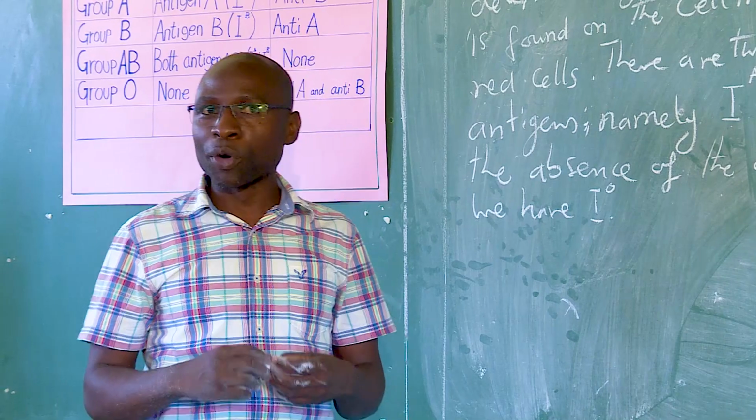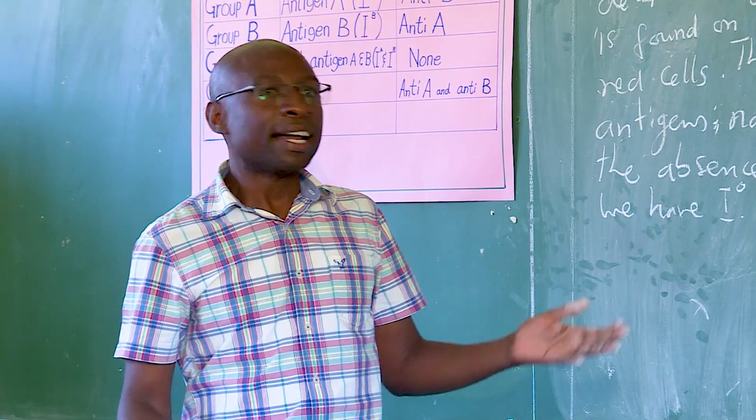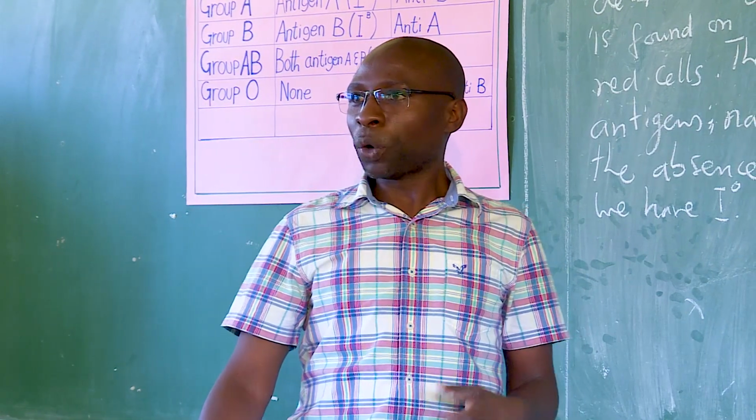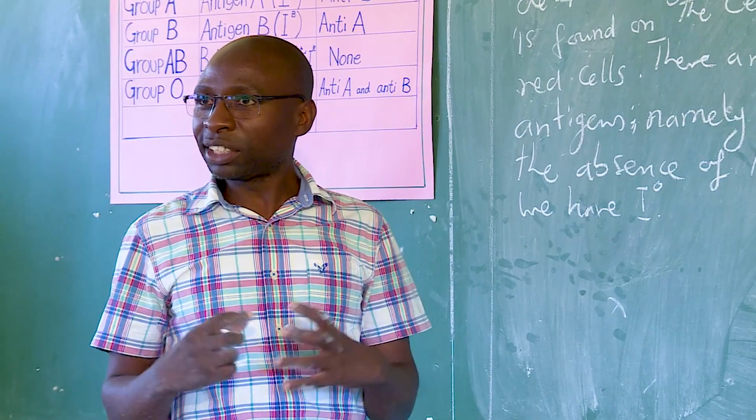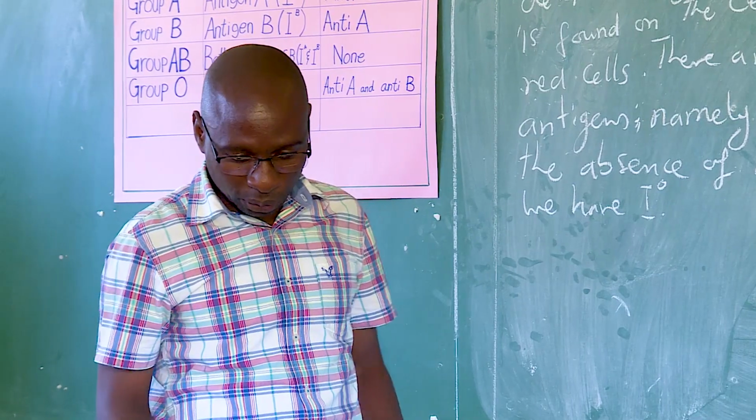So the blood system of human beings is known by ABO. So it's either you are A, B, or O.